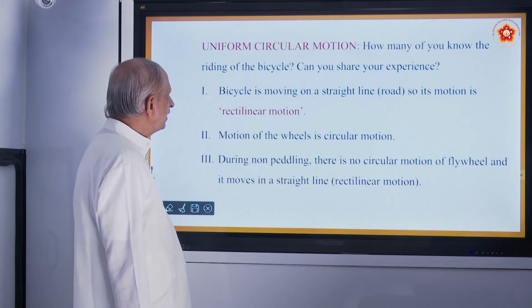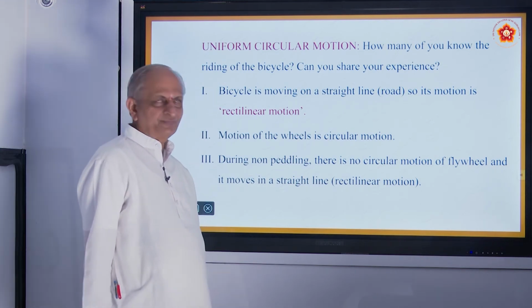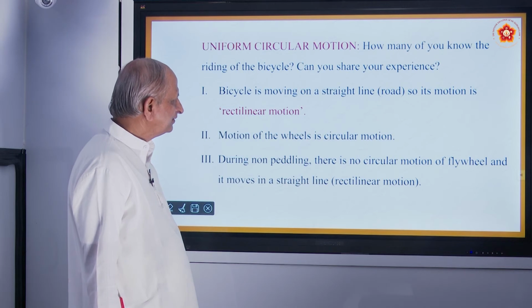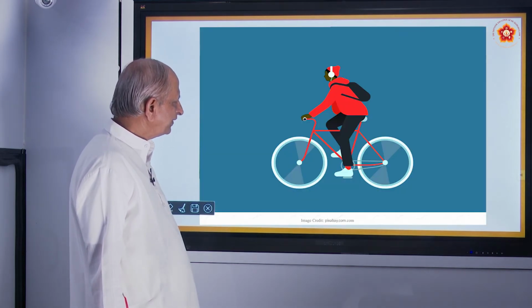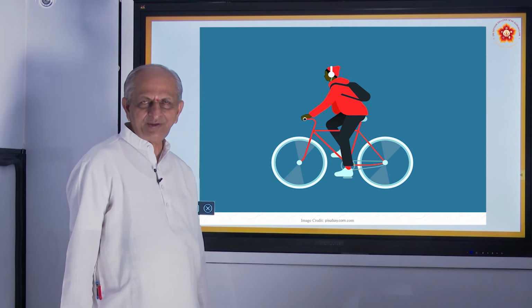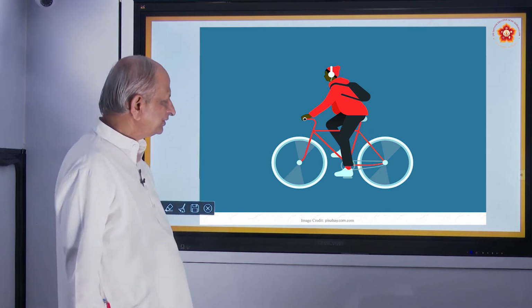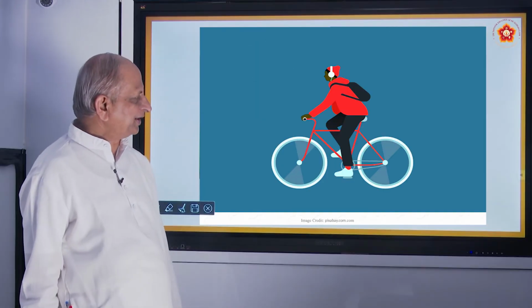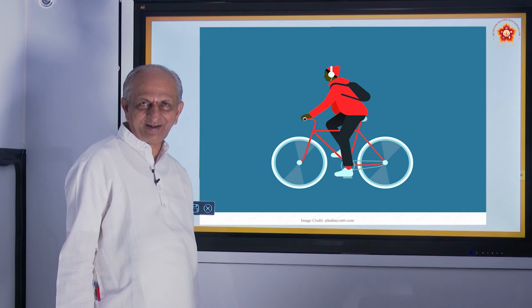Okay. Now coming to circular motion. All of you know riding cycle. You know how to ride a cycle, right? That is the first thing you learn when you are very young, from age say 3 to 4. See this guy, he is riding on a cycle, right? You know all the parts of cycle, you don't want to explain, right?